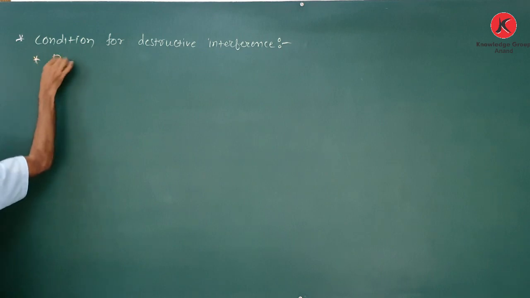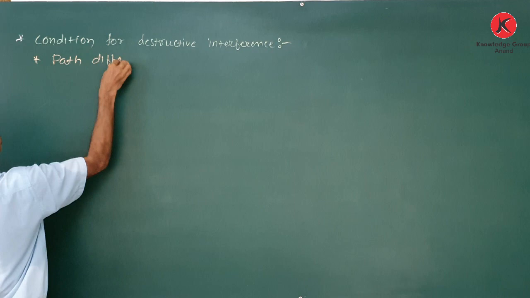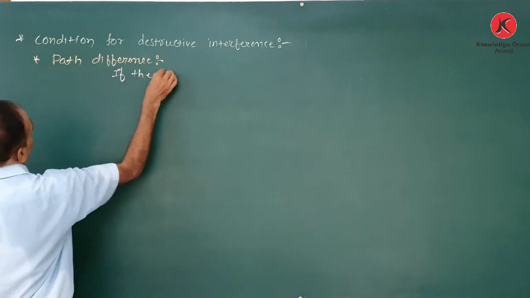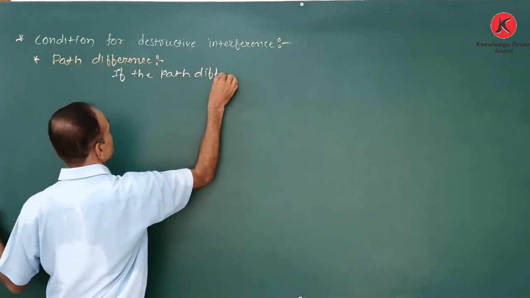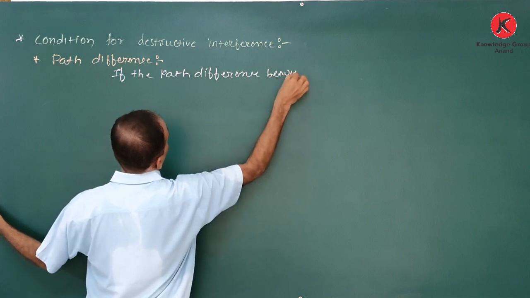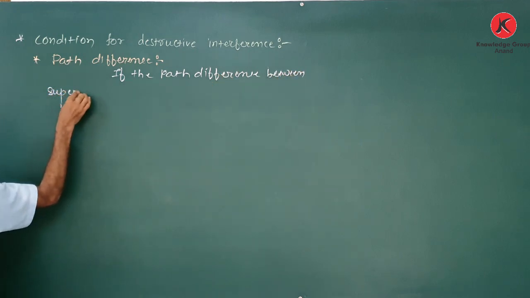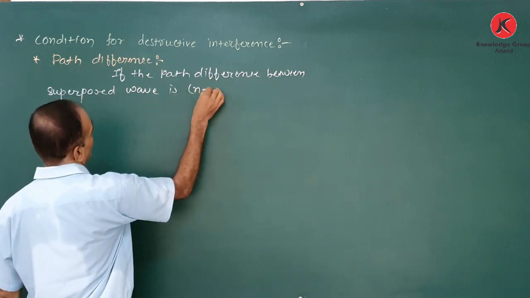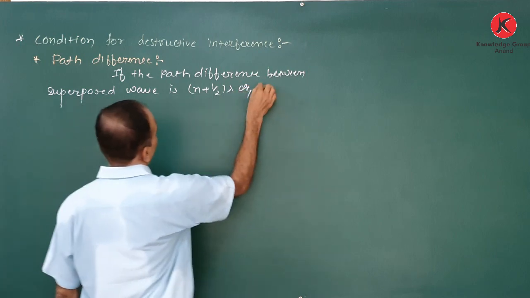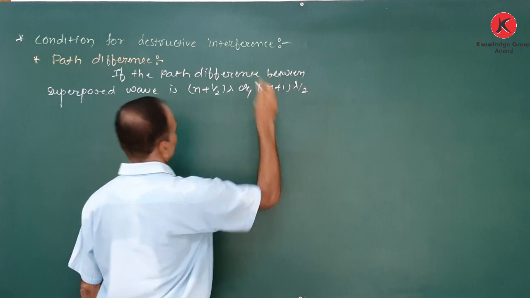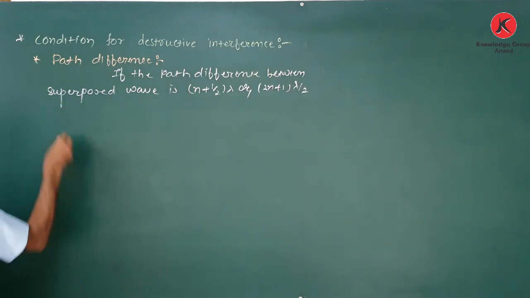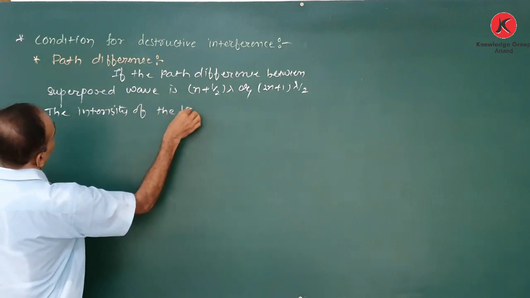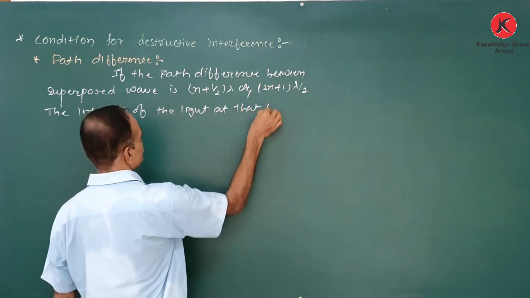So, path difference for destructive interference: if the path difference between the superposed waves is n plus 1 by 2 into lambda, or 2n plus 1 into lambda by 2, the intensity of the light at that point will be 0.